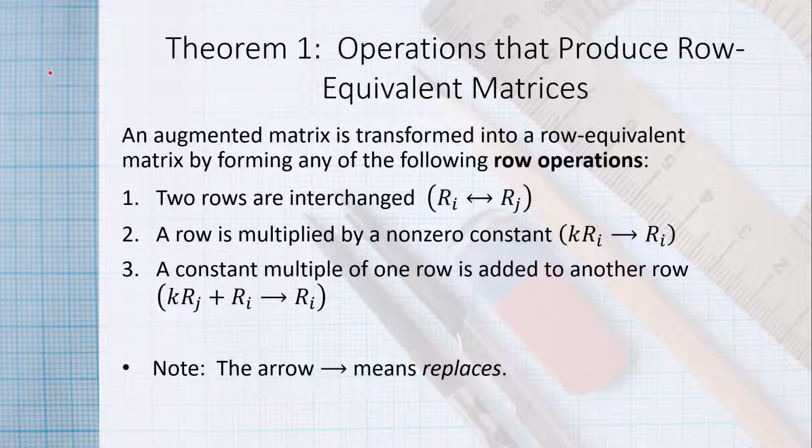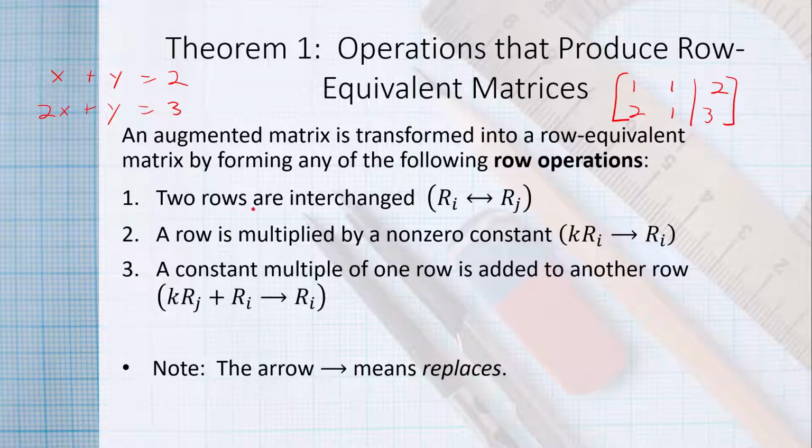Suppose we had the system x plus y is equal to 2, and then 2x plus y is equal to 3. Okay, well, as we mentioned before, the corresponding augmented matrix is going to be 1, 1, 2, 2, 1, 3. It will look like that.